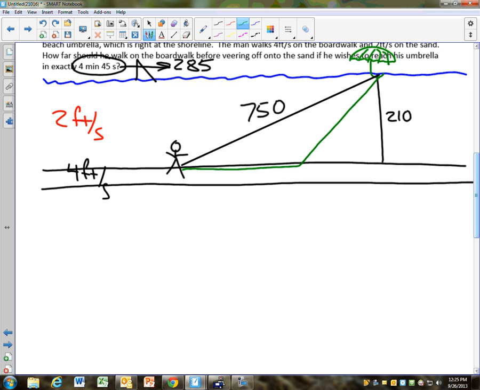We do not know how long he walks on the boardwalk, do we? We don't know. Okay? We'll call that B. We don't know how long he walks on the sand, do we? We'll call that S.